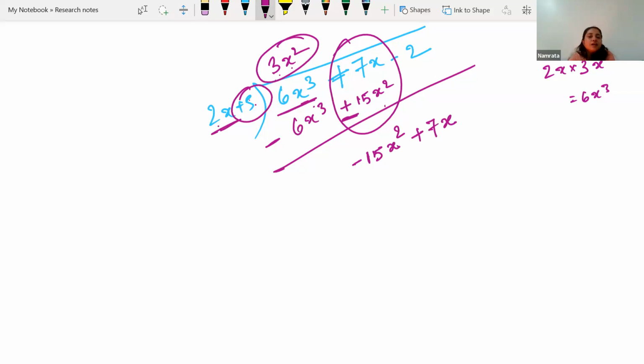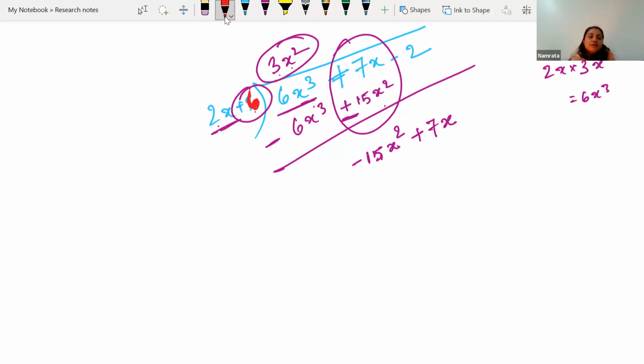Since I have taken this question by myself, you would normally take a number which will be divisible by 2. Instead of 15, you would get, let's say, maybe this 2x plus maybe 6 will be there.